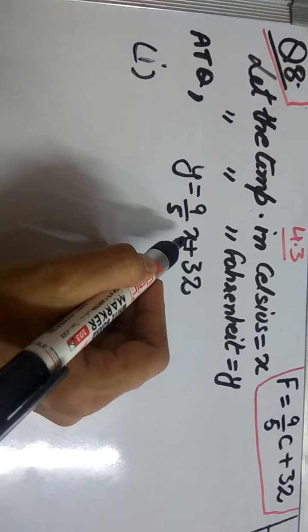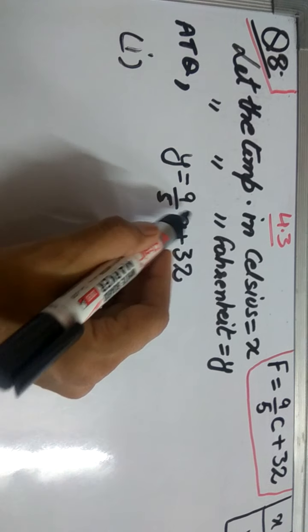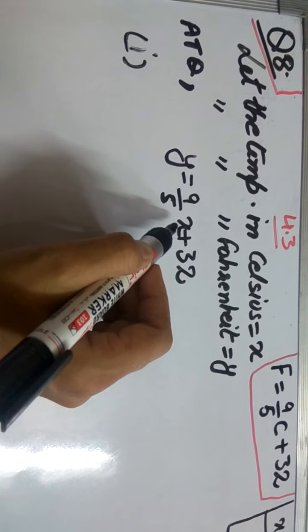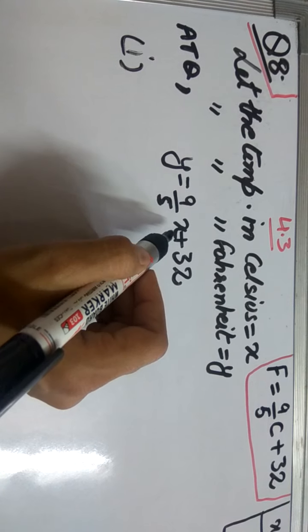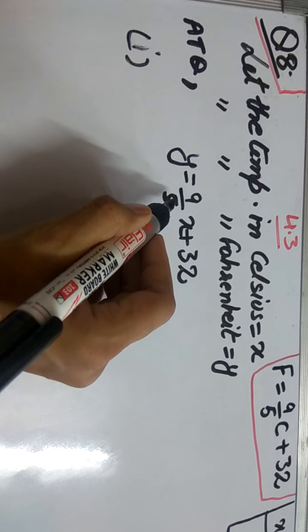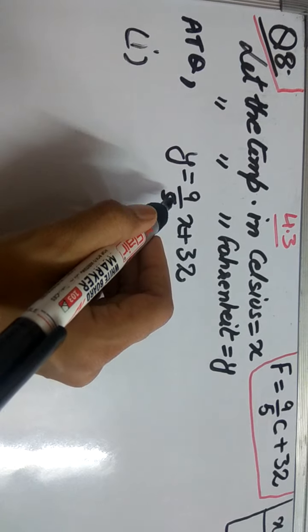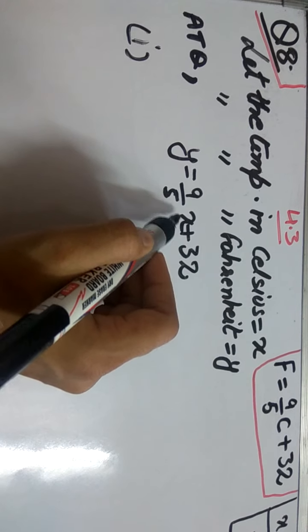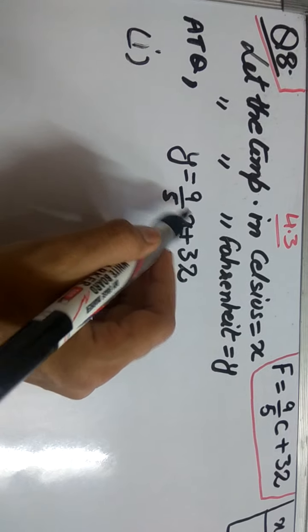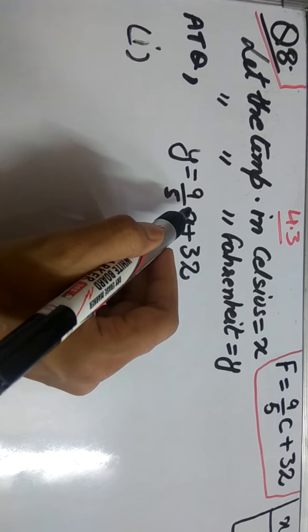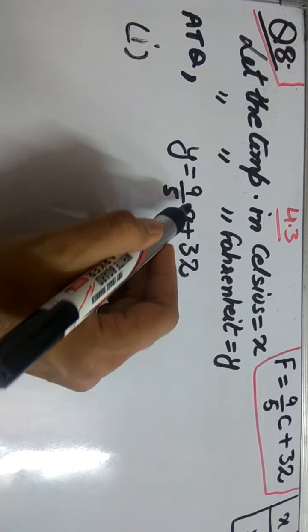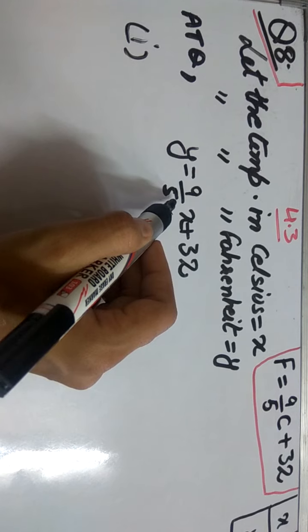Dear students, as x is in the combination, we will put the values of x to get the value of y. We will assume for x. Now there is a 5 in the denominator, students. We have to select x in such a way that it is a multiple of 5, so that we can cancel out because multiplication is there.